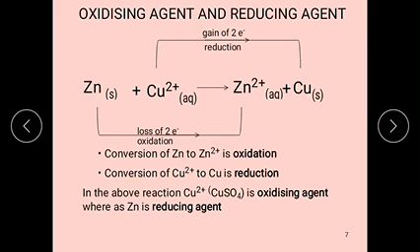Here copper plus 2 acts as the oxidizing agent because it gains electrons from another substance, whereas zinc acts as the reducing agent.